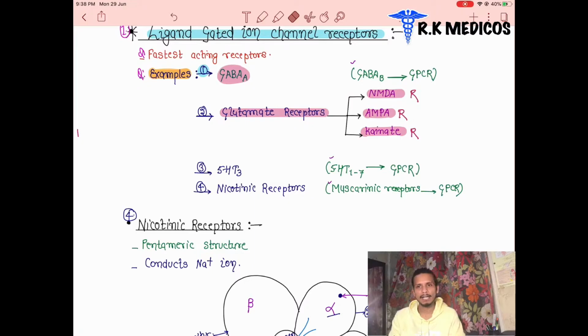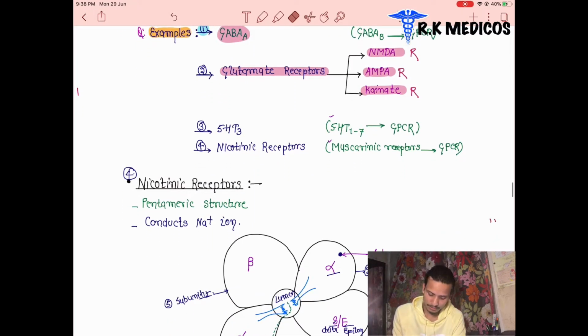NM and NN. Acetylcholine has 2 types of receptor, nicotinic and muscarinic. Muscarinic is basically GPCR, acting through G protein coupled receptors, but nicotinic is only an ion channel receptor. It is a ligand gated ion channel.